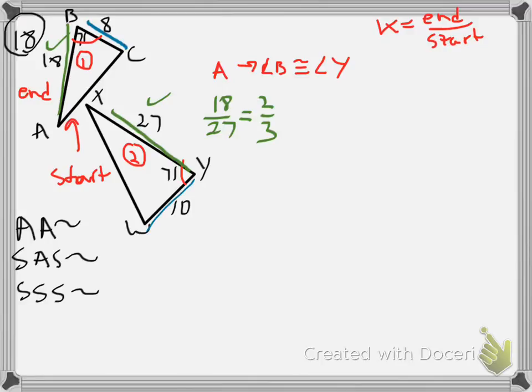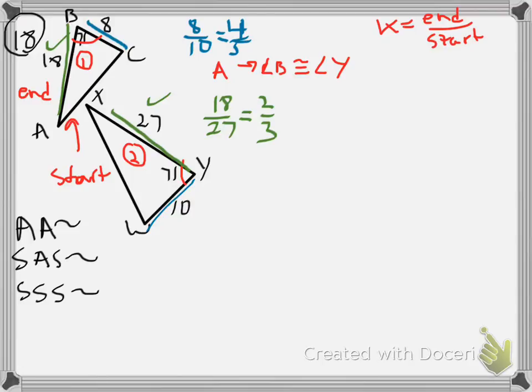So we're supposed to start with, let's see here, we got 8 over 10. And when you do 8 over 10, what do you get? You get 4 fifths.